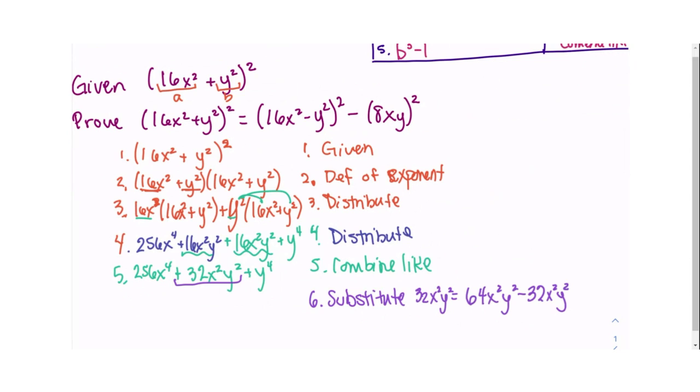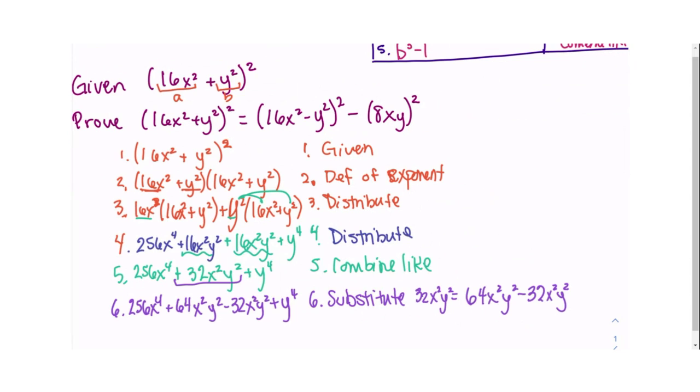That's keeping the same value, but there is a purpose in doing this. So step 6 is 256x to the fourth, but then instead of that 32x squared y squared, we're going to have plus 64x squared y squared subtract 32x squared y squared plus y to the fourth.